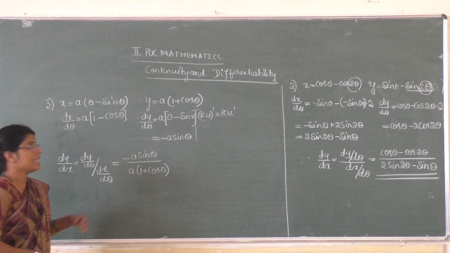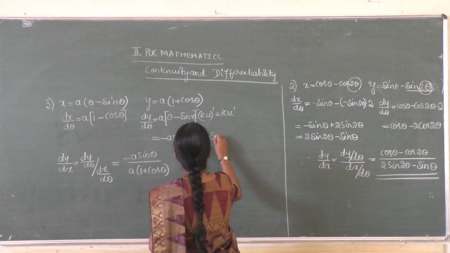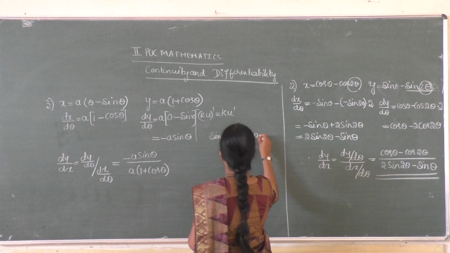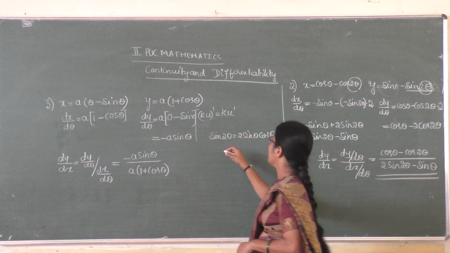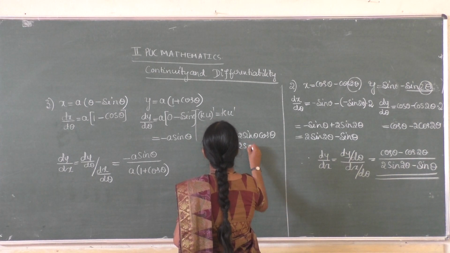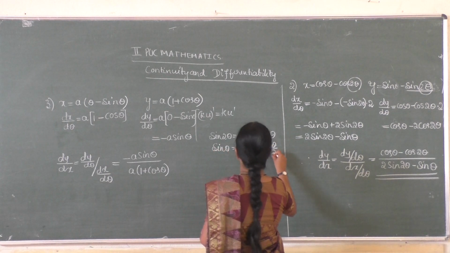Now we have sin 2 theta equal to 2 sin theta cos theta, correct? That we studied in first PUC. Therefore we can write sin theta as 2 sin theta by 2 into cos theta by 2.